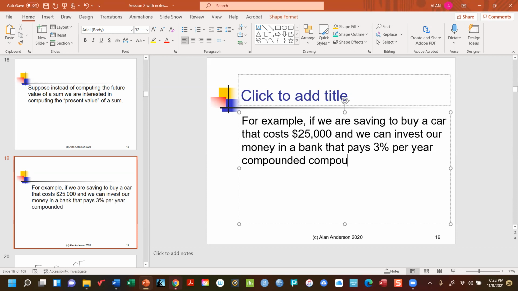Now, in practice, banks don't typically pay compounded continuously, but daily compounding is pretty close, and that's what most of them do. How much must we save today to reach our goal?